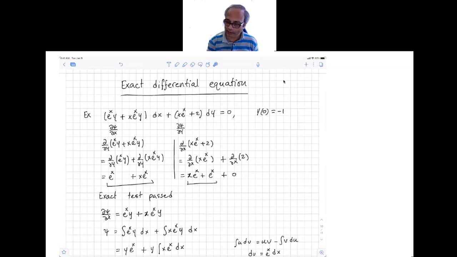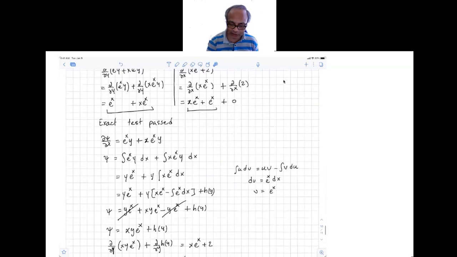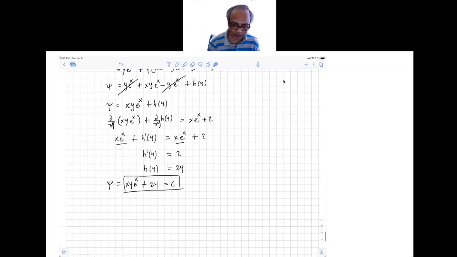So I will replace x with 0, y with -1. So x with 0 means this term is multiplied by x, so this term will be 0. y is -1 means this term is going to be -2. So I have found c equals -2: x y e to the x plus 2y equals -2.